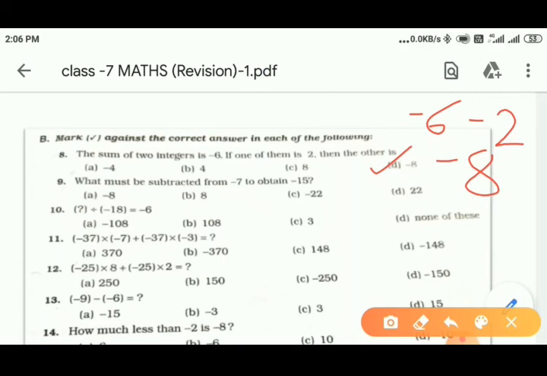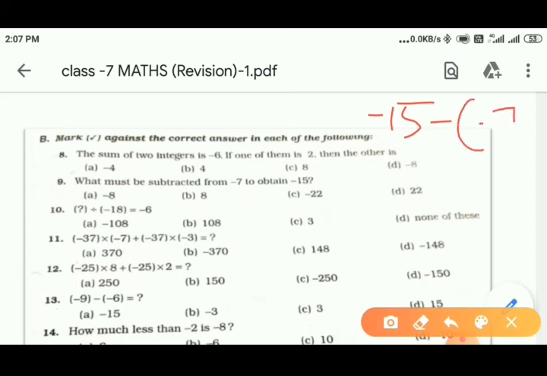For this you have to subtract minus 7 from minus 15. You will get your answer. So from minus 15, you need to subtract minus 7. Minus minus will become plus. So minus 15 plus 7 will give us minus 8.